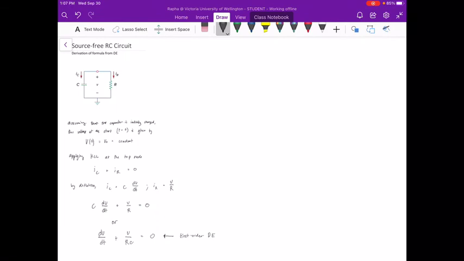By regrouping the terms, for the formula to be ready to be integrated, we will have dV over V is equal to negative dt over RC. So we can proceed with the integration.